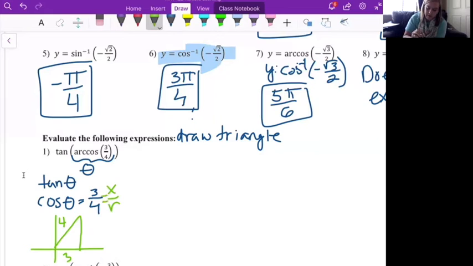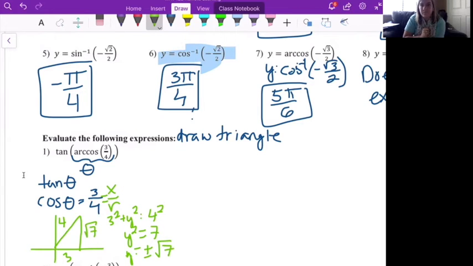And so then we do the Pythagorean theorem to find our y. So 3 squared plus y squared equals 4 squared. So this is going to be y squared equals 16 minus 9, which is 7. So then y would be positive or negative square root of 7. Because we are in quadrant 1, it's going to be a positive square root of 7.